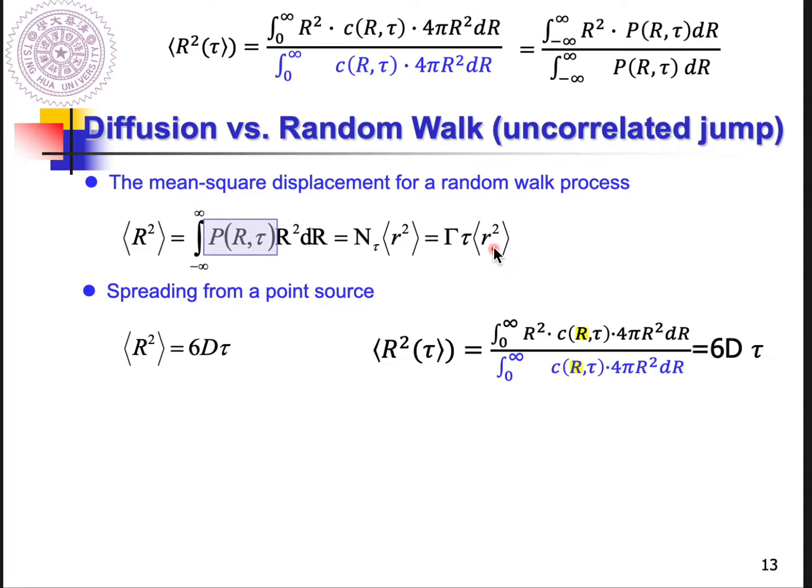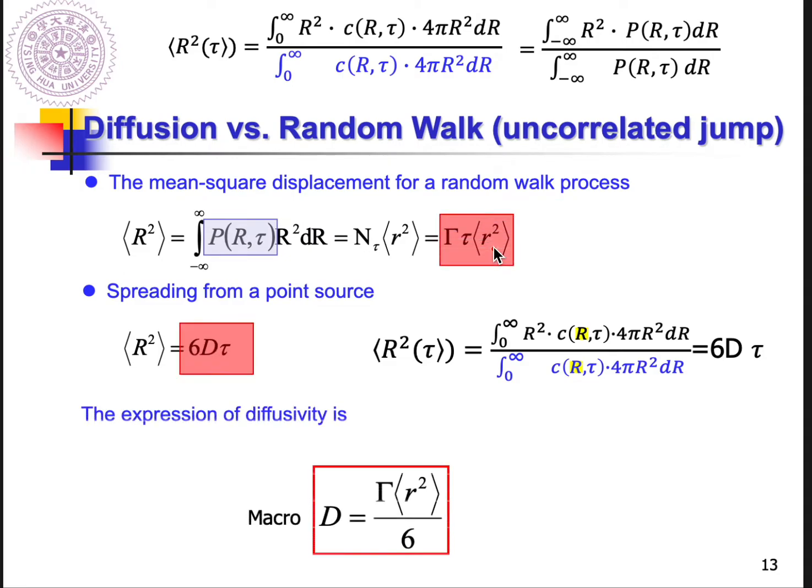Then finally, both of these are equal to the mean square displacement. So this equals to this. So we got the diffusivity can be expressed as the atomic jump rate times the mean square jump distance of each jump, divided by 6.